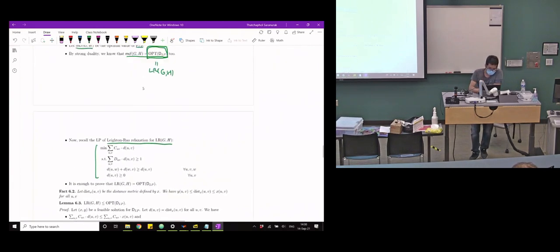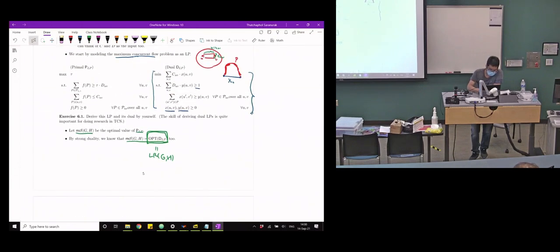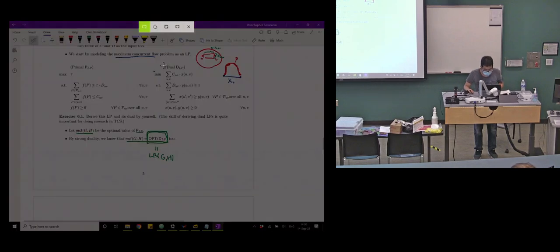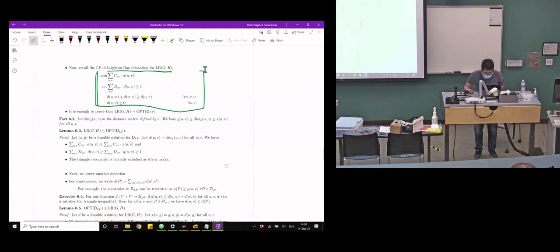So we have two LPs. This is the first, and another one here. Let me put them side by side.